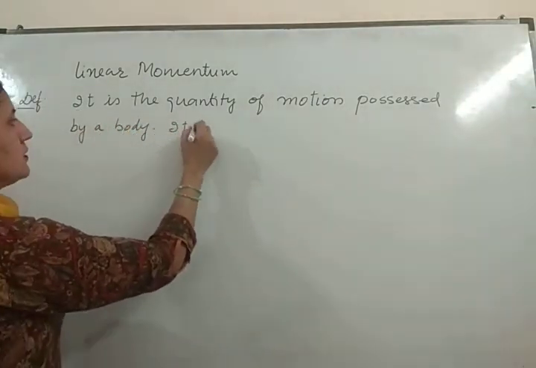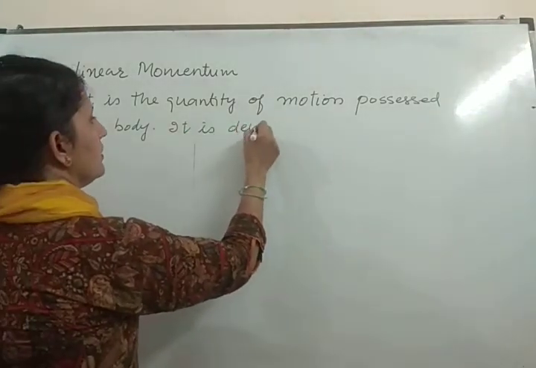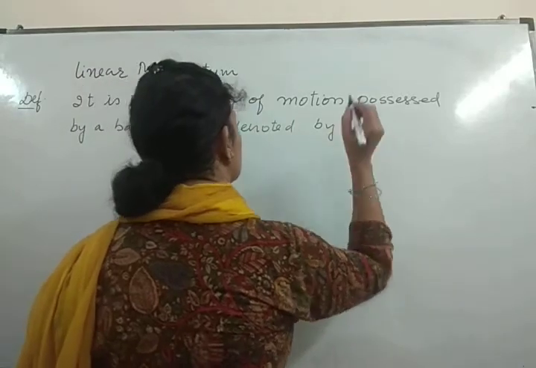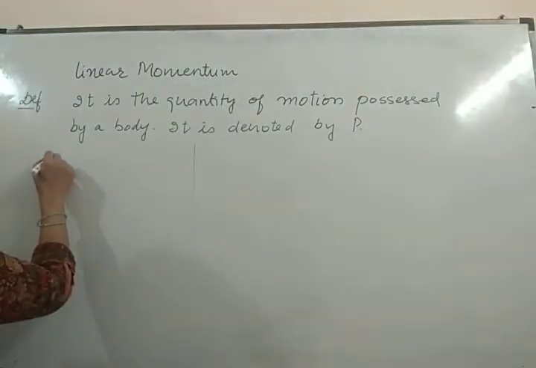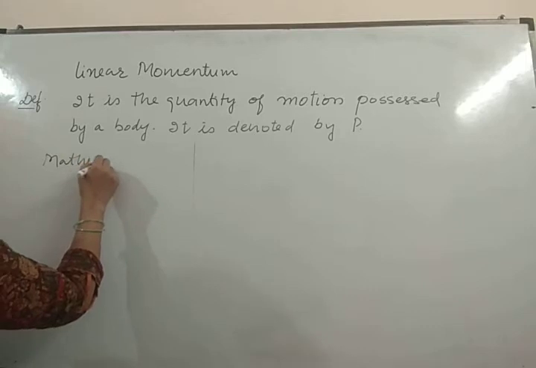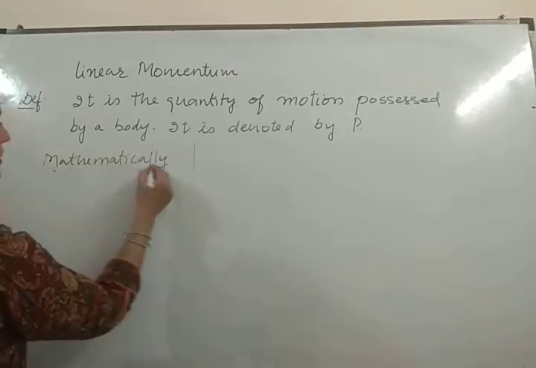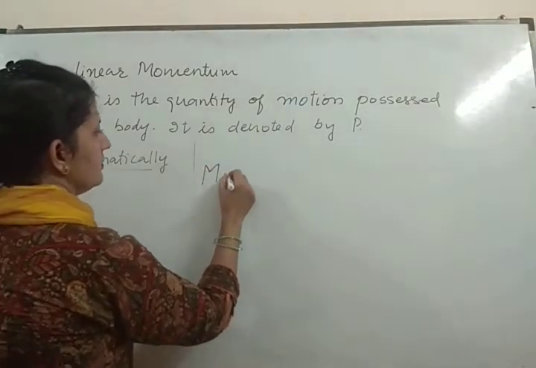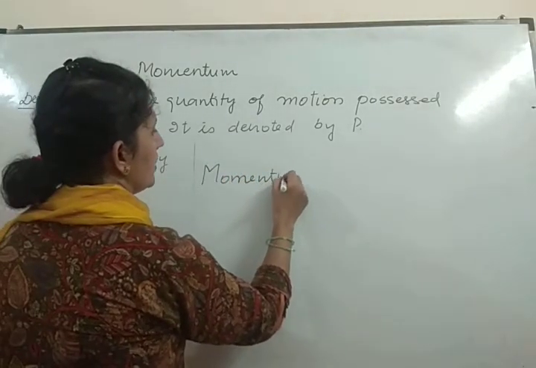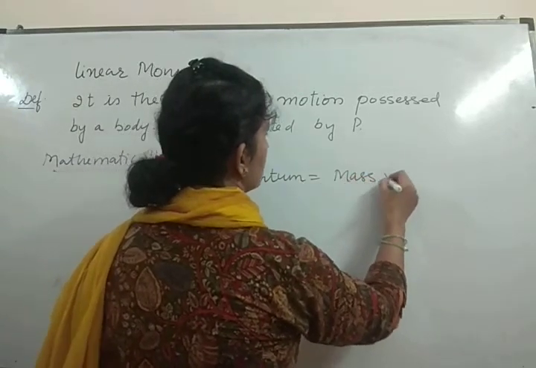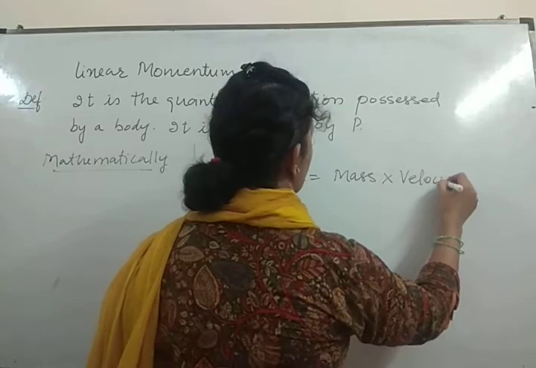It is denoted by P, and mathematically we can write it as: momentum, linear momentum and momentum are the same thing, is equal to the product of mass and velocity.